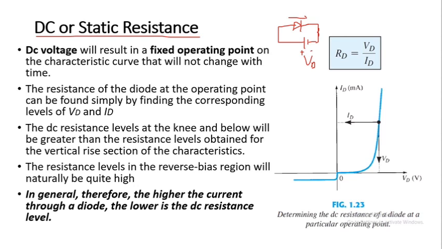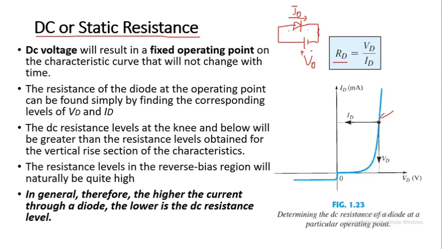In this circuit or in this diode, a fixed amount of current and a fixed amount of voltage is appearing across the diode. So the Q point is not changing, and we can simply find the resistance level with this equation, which is RD is equal to VD by ID.